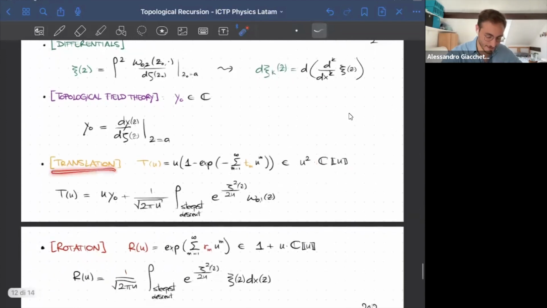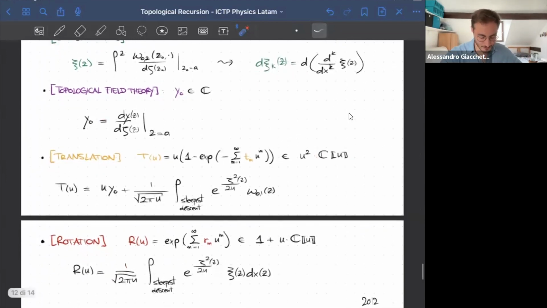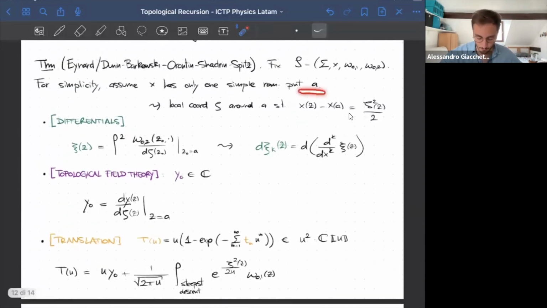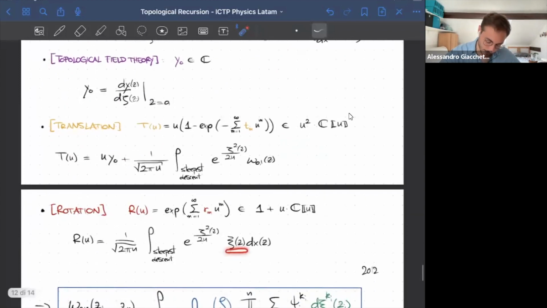So this translation actually behaves like a vector, and for rotations, instead of a formal power series with values in C, we have values in matrices, where the two indices are given by a choice of two ramification points, one for the psi functions and one for essentially these local coordinates.